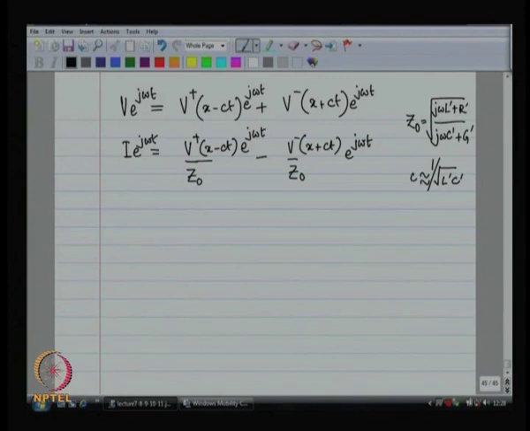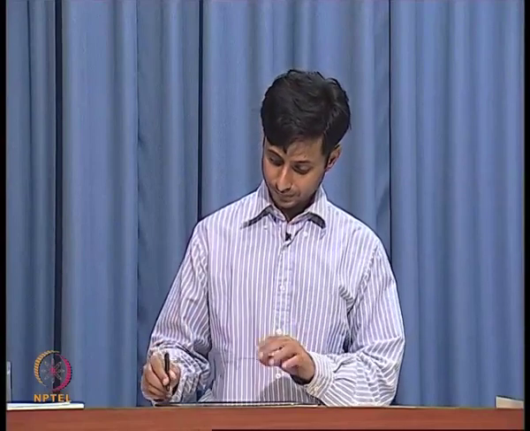So, what will this mean for us? This will basically mean that as I progress over space, I am also going to get attenuation. That is the only difference.